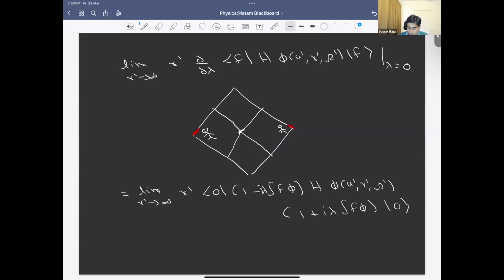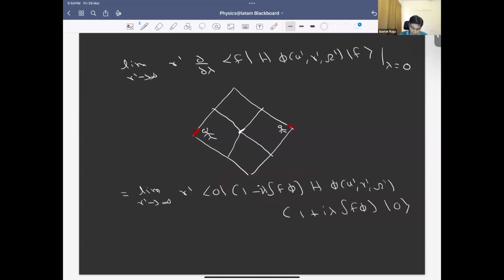Now this is a simple calculation to do because you have to pick up the first order term in lambda. You have a lambda here and a lambda here. And so you can easily do this calculation. All you have to do is just commute the h through this, and once it comes here, it will give you 0. So I'll just tell you what the answer is without doing any algebra.